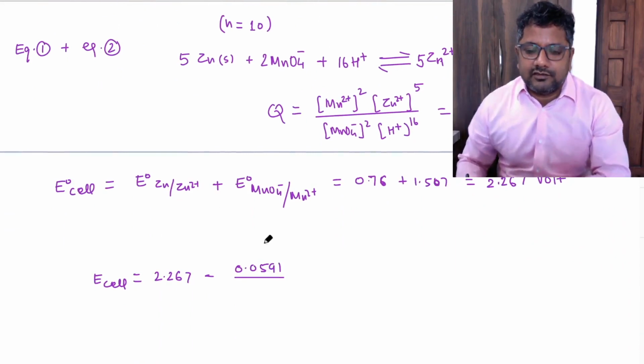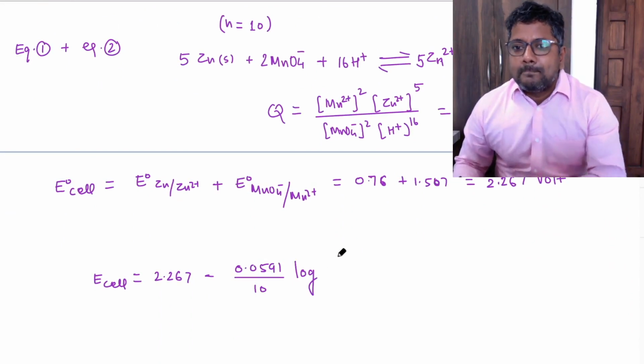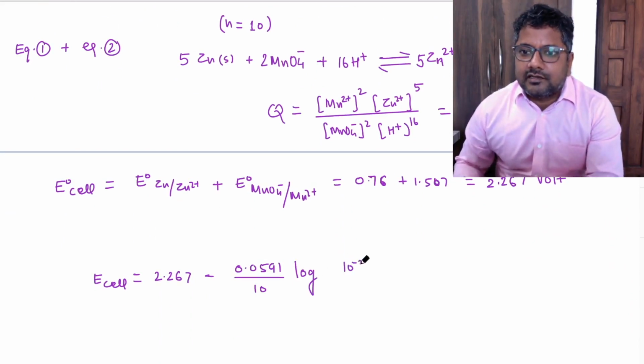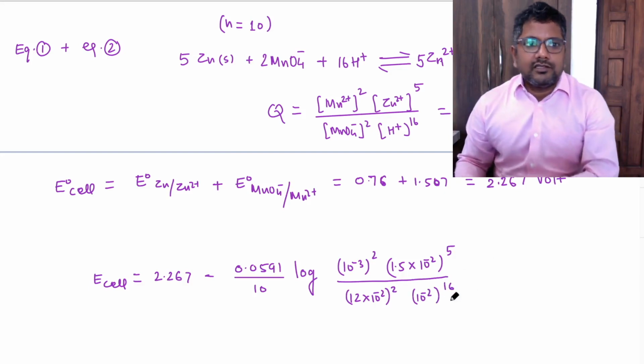So 10 moles of electrons are changing. 10 log of (10 to the power minus 3) squared and (1.5 into 10 power minus 2) to the power 5, whole divided by (12 into 10 power minus 2) squared and (10 power minus 2) to the power 16, right? And now you can solve this and get the answer.